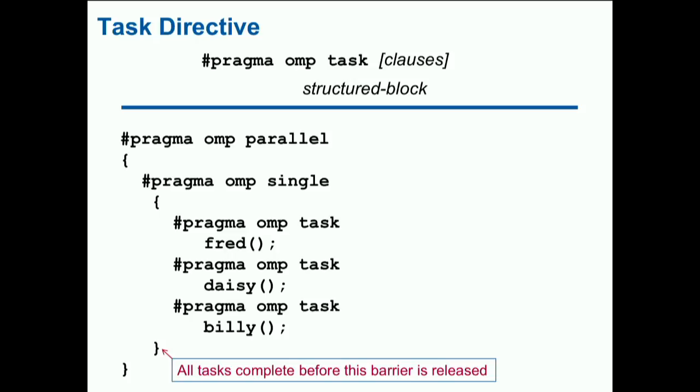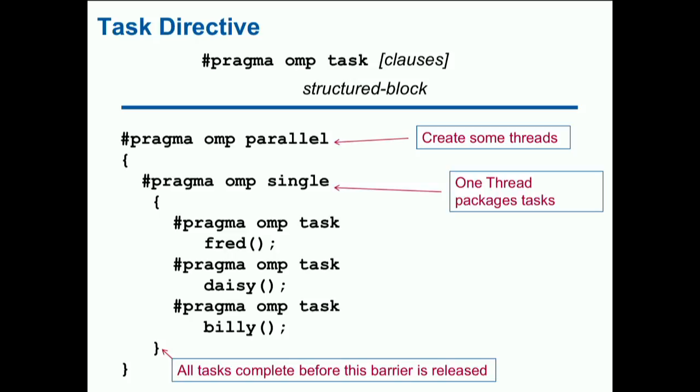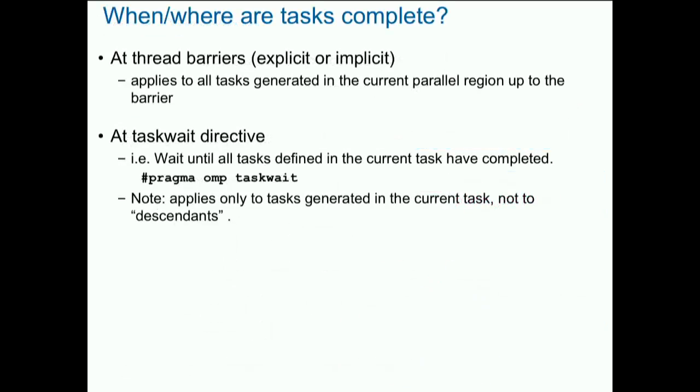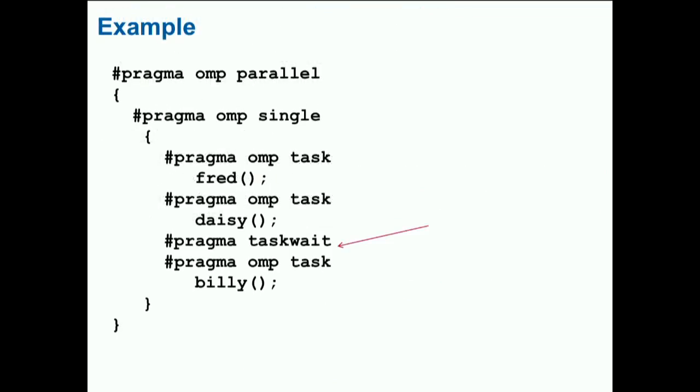It doesn't have any performance bottlenecks just because the syntax is ugly. It's just ugly. And then this will create tasks for Fred, Daisy, and Billy. All the functions. I told you already about the taskwait. You can put it before.